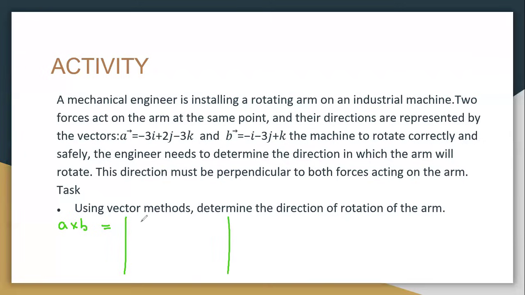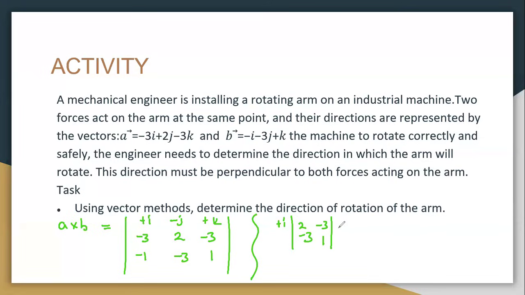So I had 3 components, positive I, negative J, and then positive K. Then I said negative 3, positive 2, negative 3, that's for the first row. And then negative 1, negative 3, and positive 1. I began with the I component: for the first row it's 2, negative 3, then the second row, negative 3, 1, because we have eliminated the I component.